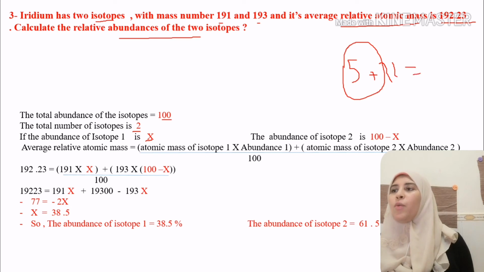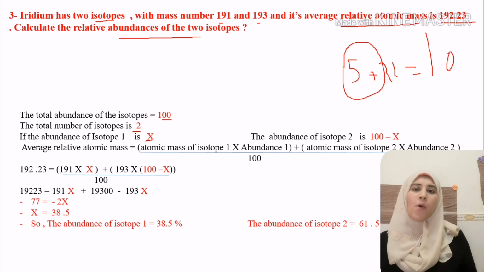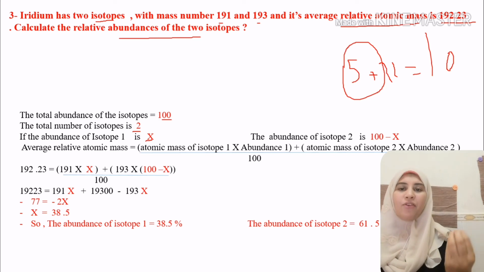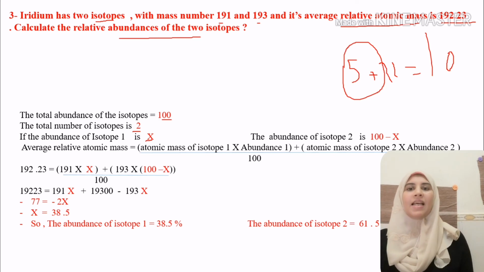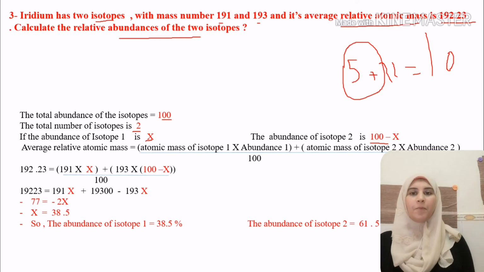As total, we have 10 pounds. How many pounds did my sister add? She added 5 pounds. From where? Just 10 minus 5. So if the first isotope is X, the second isotope is 100 minus X.